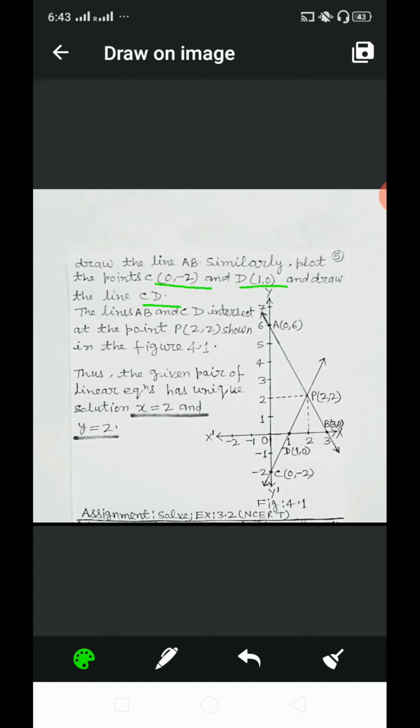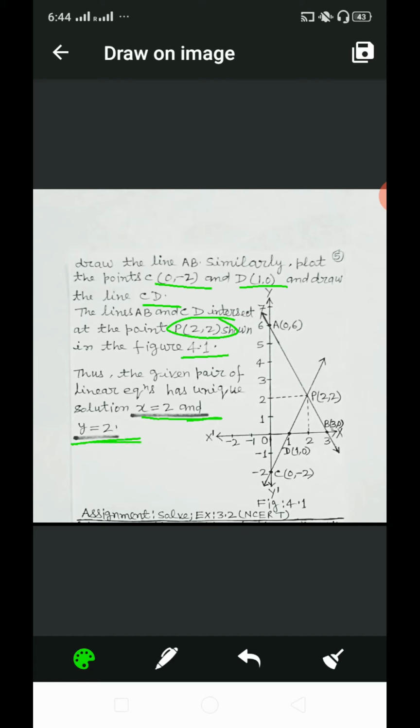The lines AB and CD intersect at a point P having coordinates 2, 2 shown in the figure 4.1. Thus, the given pair of linear equations has unique solution, that is x is equal to 2 and y is equal to 2 also.